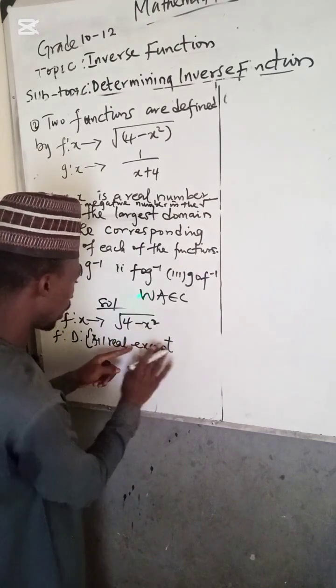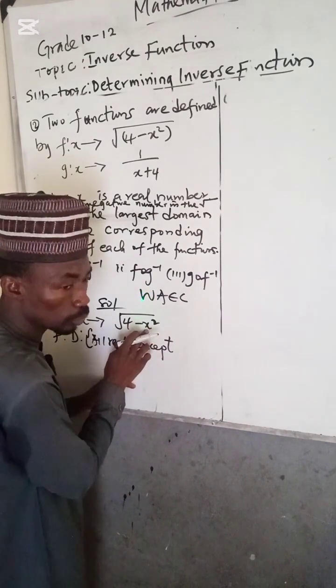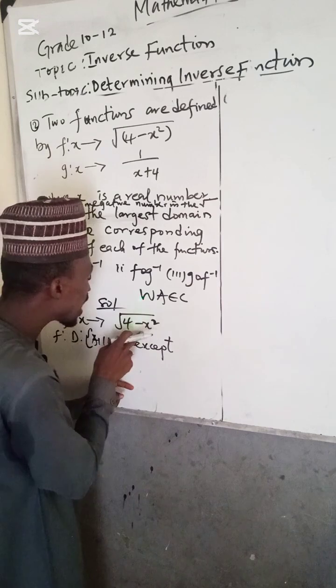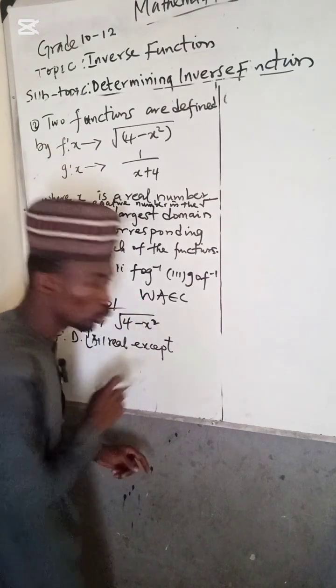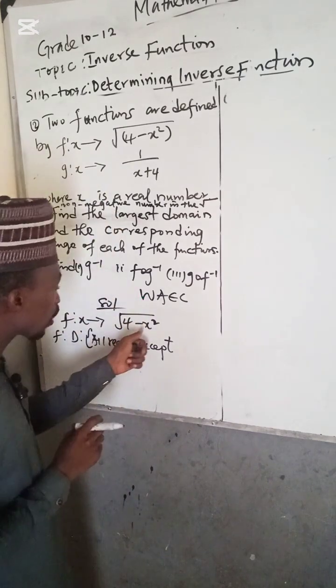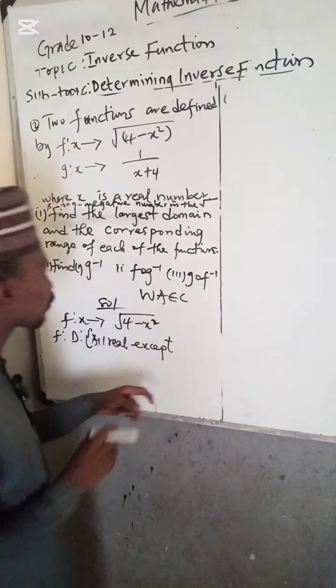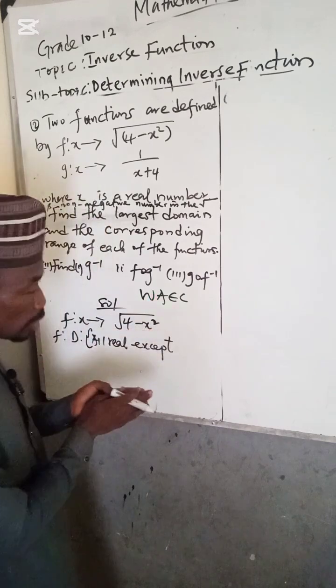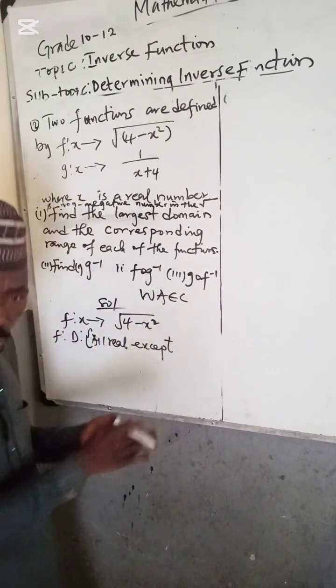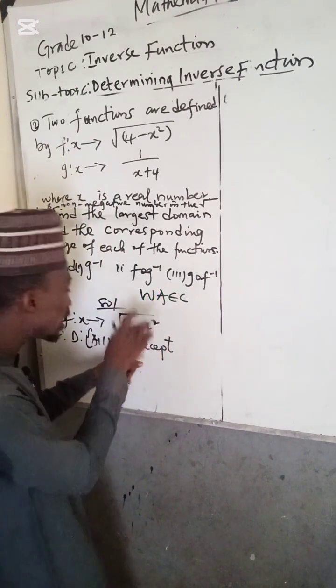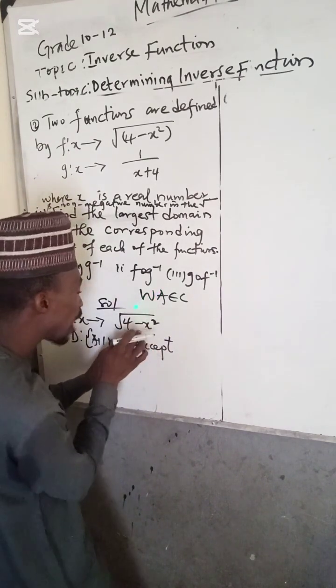Now, all real. If we input 3 here, 3 squared will give us a negative value. So the highest number we can put here is 2. 0, 1, 2. Now if you put minus 3 here as well, it will still give you a negative value inside.